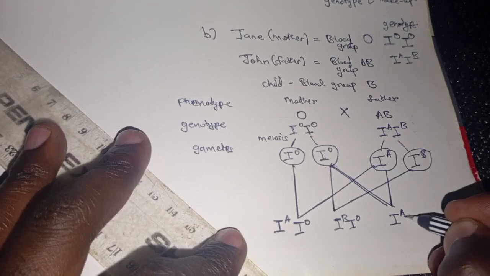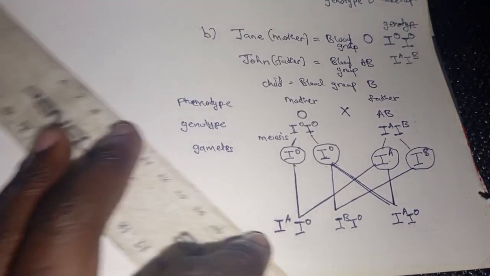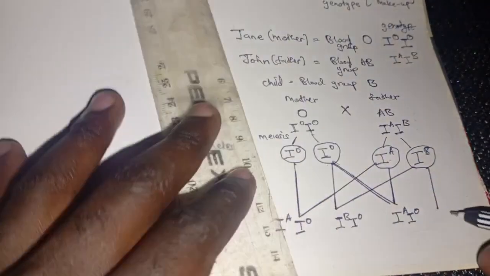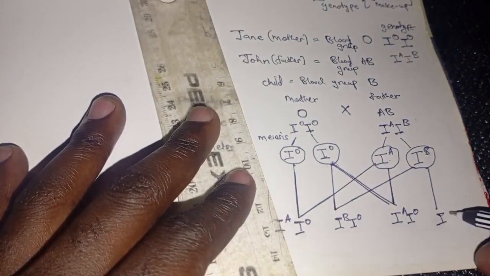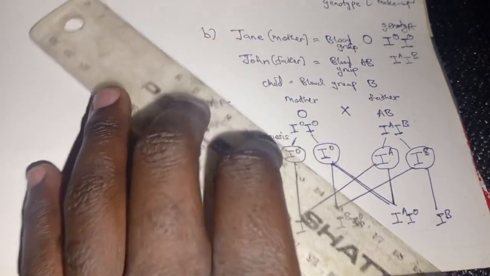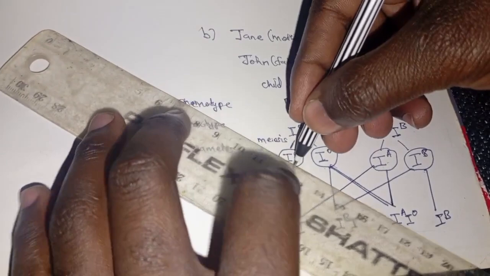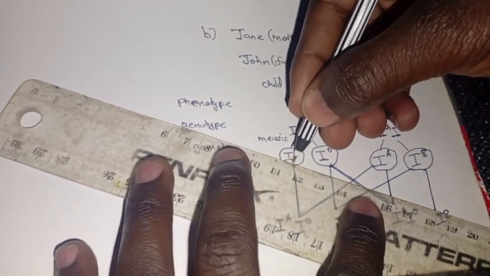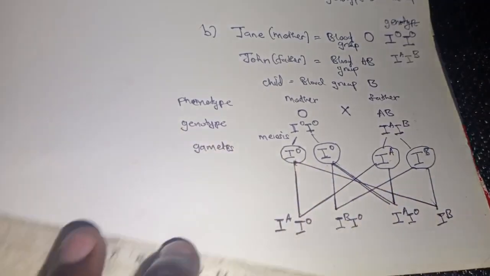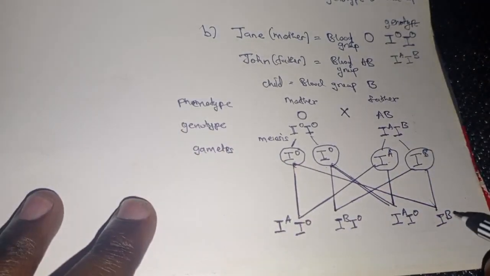So the O comes here, then this one can come here. This is blood group B. This one has not crossed with this one, so they can cross like that.